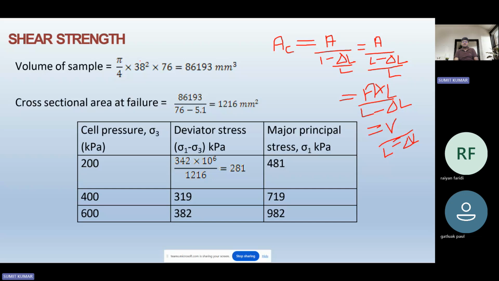They have calculated the volume, then divided by 76 minus 5.1. So the corrected area comes out to be 1216 mm square.